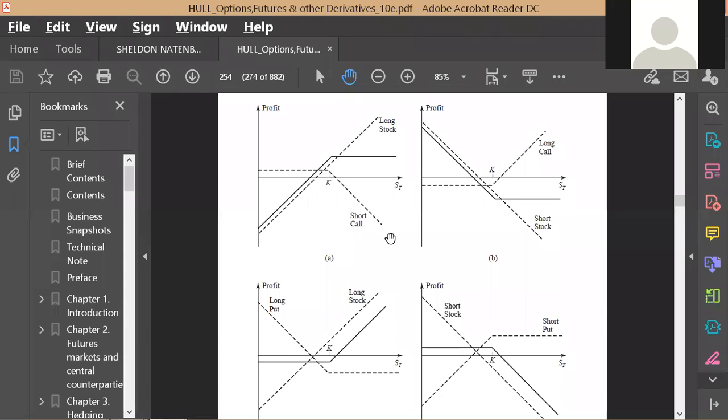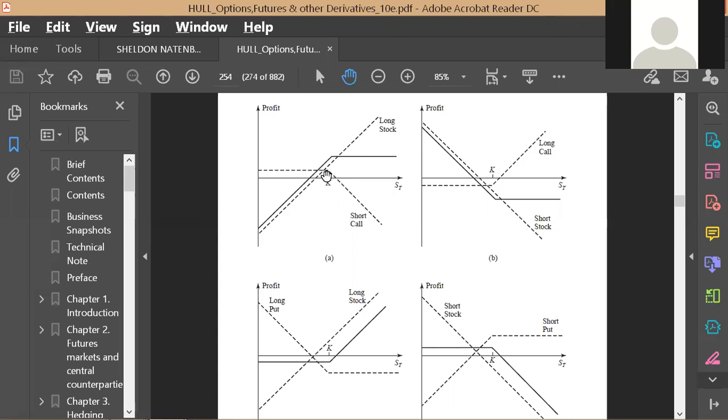I need another component in my portfolio that constitutes the synthetic equivalent, which will have the effect of canceling this out, the mirror image of this, so that I will end up with a constant profit for prices above K. And the answer to that again is very easy, because you already considered the underlying position, and the original position is a short put.